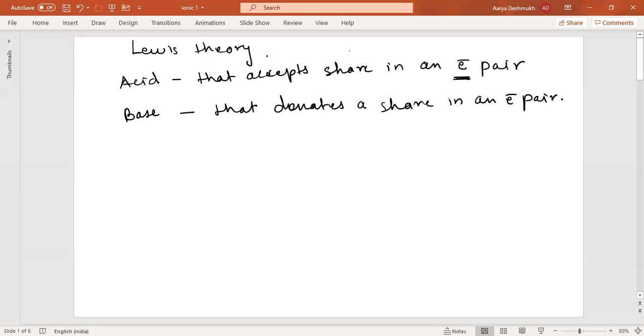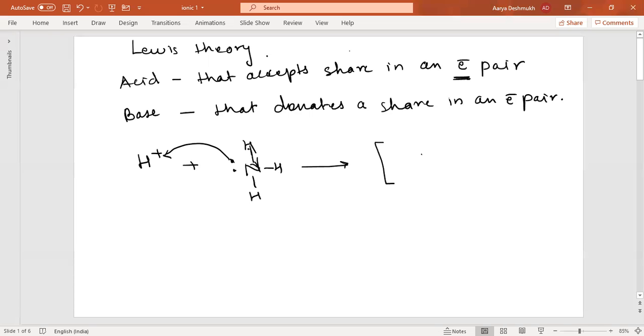Now, I can explain this with a very simple reaction like this: H plus and this ammonia molecule. As you all know, ammonia has a lone pair. This lone pair of electrons can be donated to this proton, and a coordinate bond is formed.